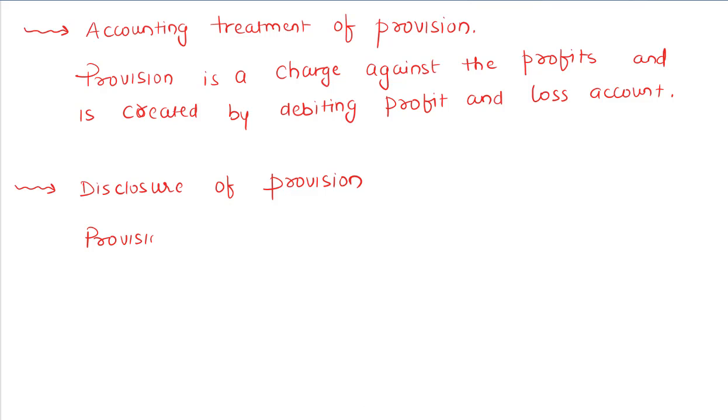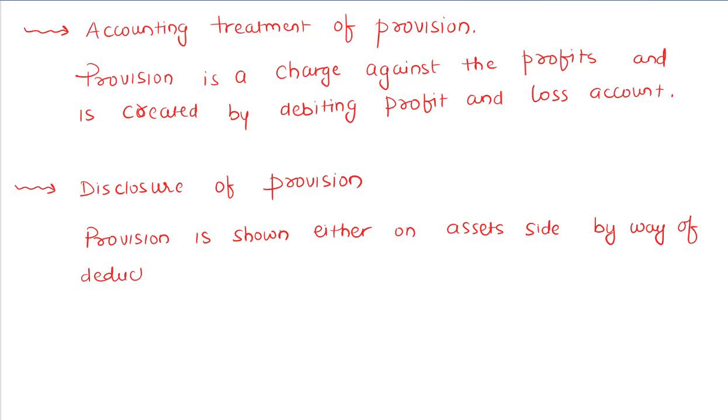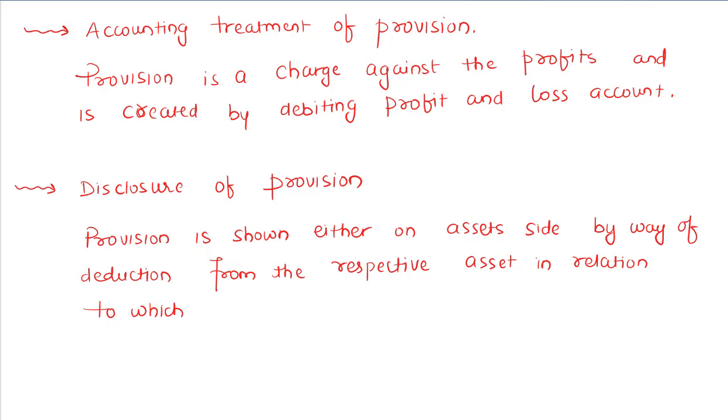Provision is shown either on the asset side by way of deduction from the respective asset in relation to which it has been created.